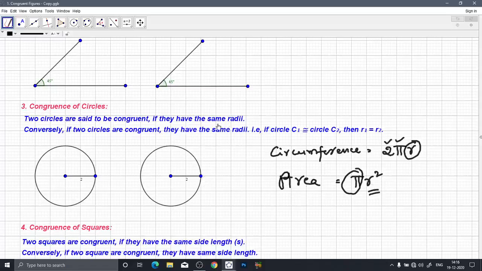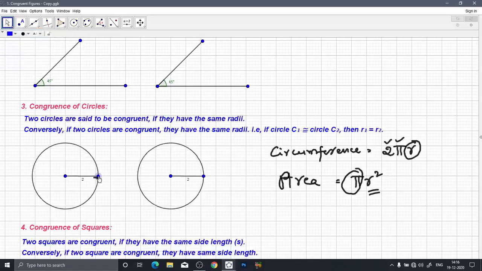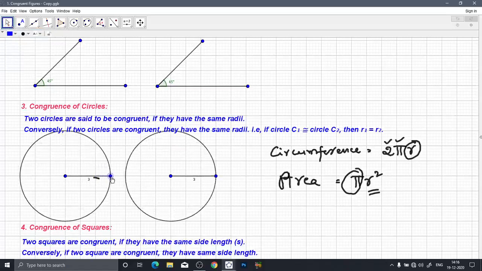Okay? If they have the same radii, we can tell that both the circles are congruent to each other. If I move this, here already it is 2 centimeters of radius, here also 2 centimeters. If I move this to 3 centimeters, both of them will change, because both depend on the radius only, according to the formulas.